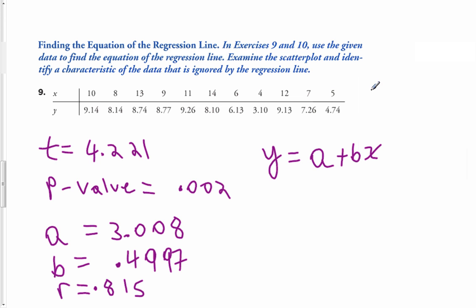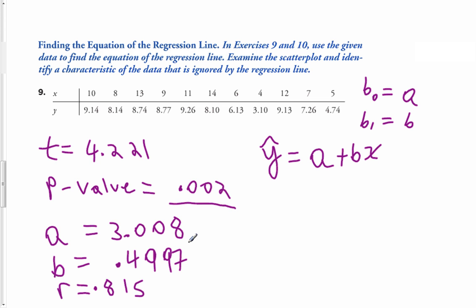From our book, b naught would be a, and b1 would be b. In general, this would be m and b, which come from the slope-intercept form y equals mx plus b. But anyway, we get this equation for the prediction equation y hat, and this is the p-value, 0.002.